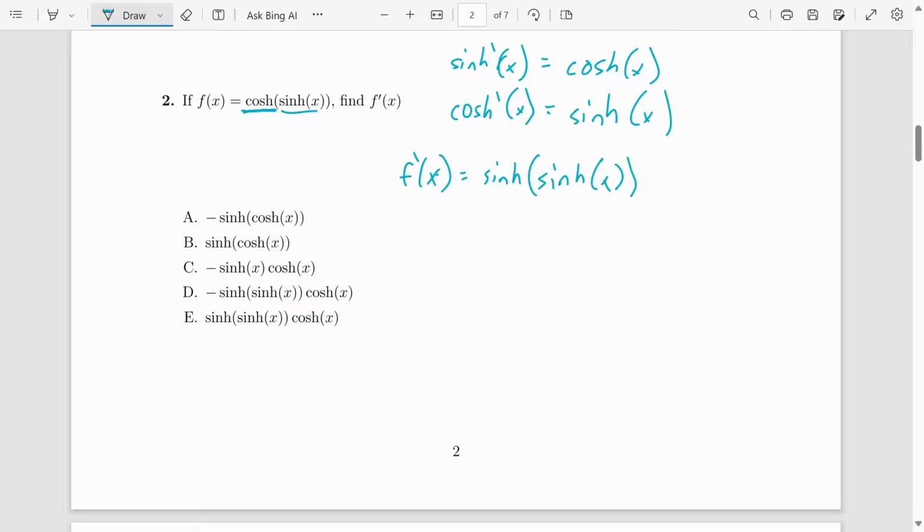And then we do have to do chain rule since we have an inside portion here, which multiplied by the derivative of the inside, derivative of sinh of x, that is just cosh of x. So that should be our answer. Yeah, E, that is the answer here. That's how you do derivatives of hyperbolic functions.